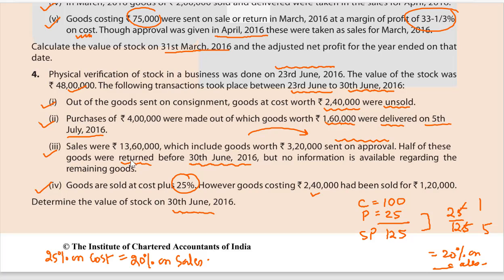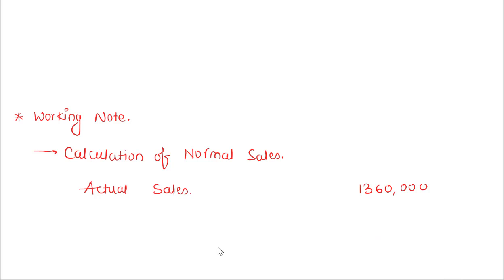out of which 3,20,000 was sent on approval. 50% of 3,20,000, that is 1,60,000, is the return on approval basis.